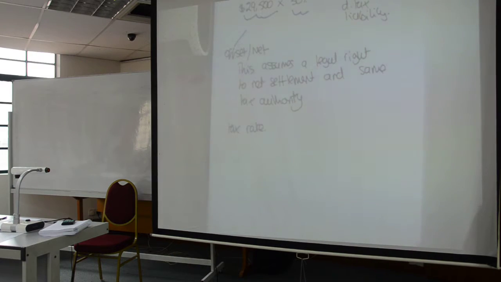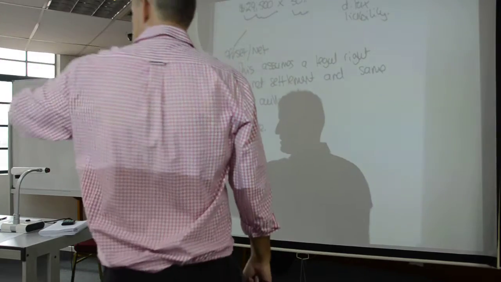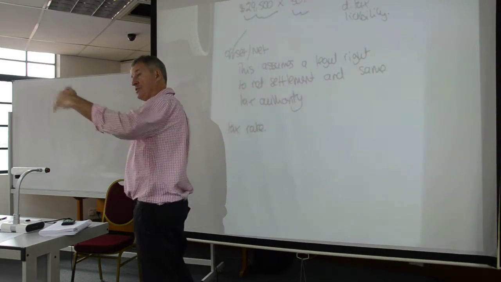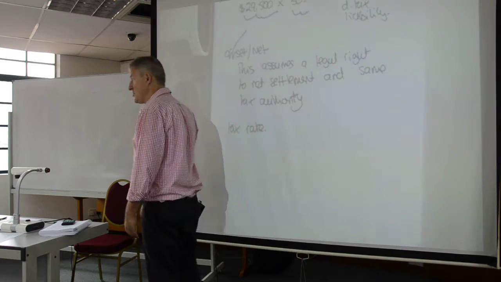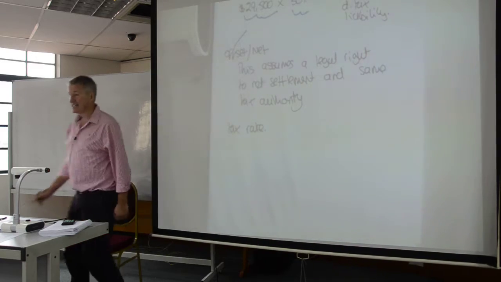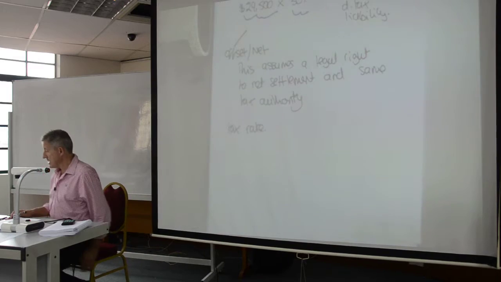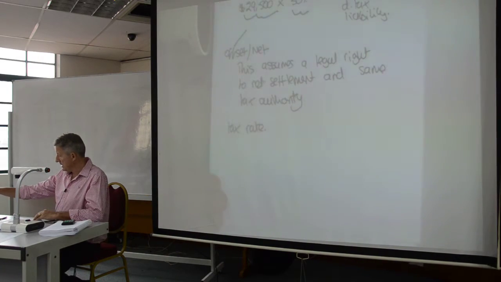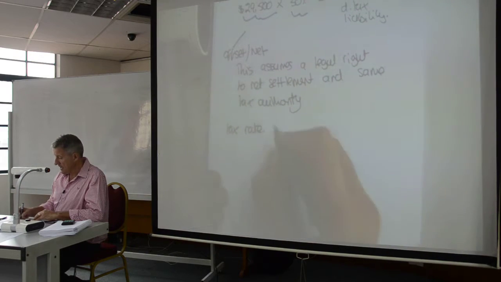Now normally that will simply be the current rate, because normally you don't know what the future rate is going to be. But if you're moving to a small, medium-sized, different band, if the government has substantially enacted what the tax rates are going to be in the future, then you could use that tax rate. So the tax rate that we are looking to use is the rate expected to be paid.